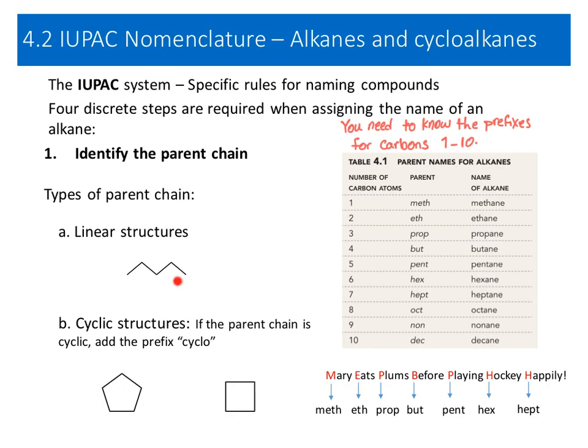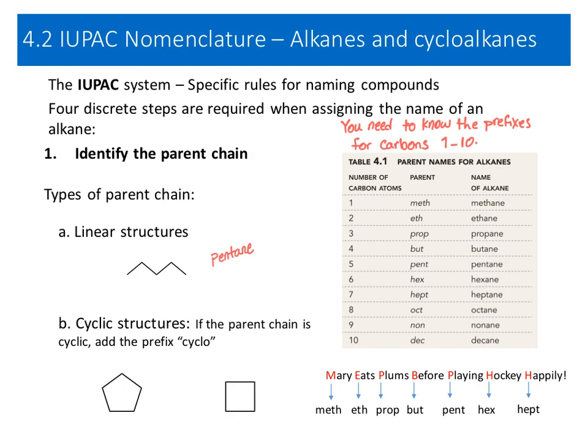For example, in this linear structure, I have 5 carbons attached to one another. And then the next step is to find that number in the table 4.1 and find the appropriate prefix for that. So the prefix for 5 carbon is pent, and since this is an alkane, it gets the suffix "ane" at the end, so this is pentane.